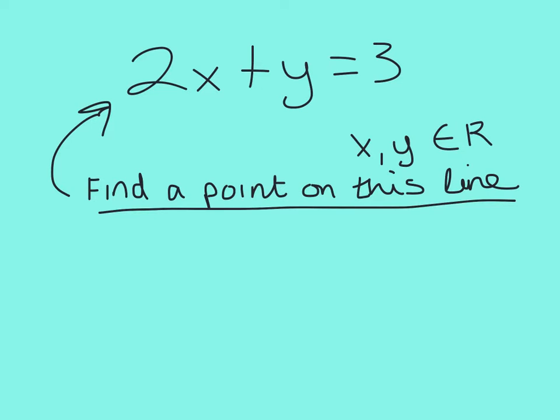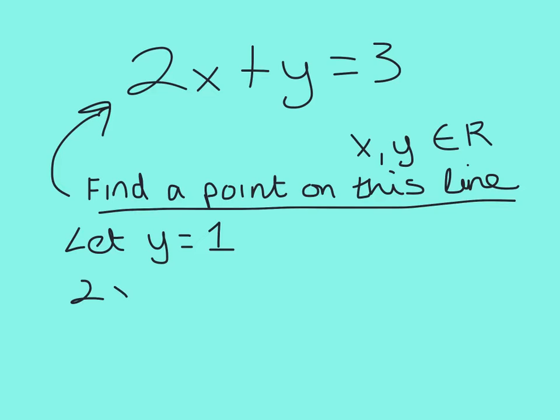And if I were to ask you to find a point on this line, you could find any point whatsoever by just subbing in any sort of number for x and find y, or for y and find x. Let's say, for example, let y equal 1. And let's substitute that in.